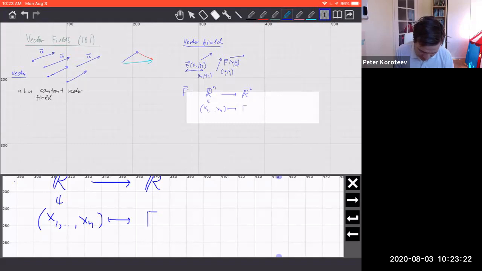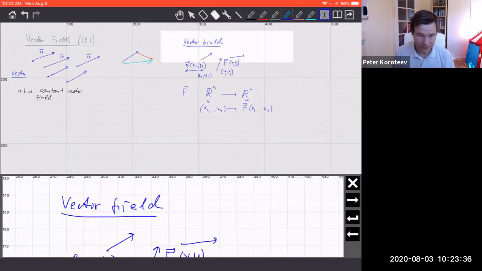So it gives you the vector f of x1 through xn, which is a vector in some n-dimensional space. So this is the vector field.